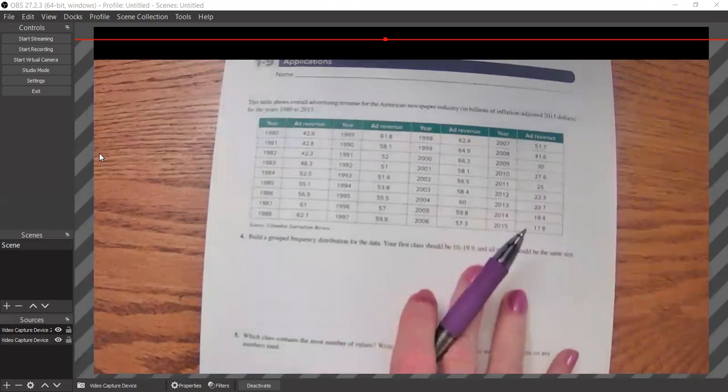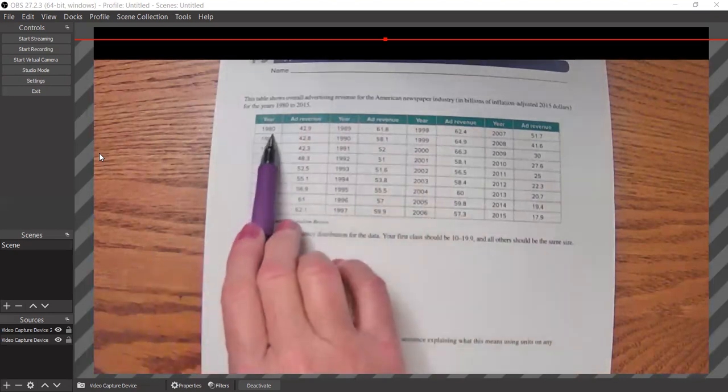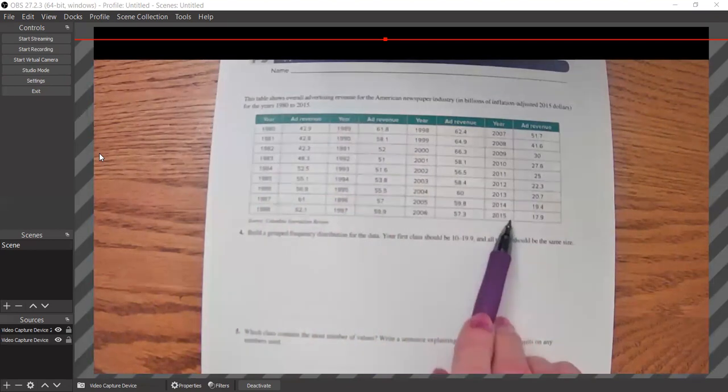And this example is in billions of inflation-adjusted dollars. So they looked at the advertising revenue, the amount of money that came into American newspapers for advertising, from the year 1980 to the year 2015.